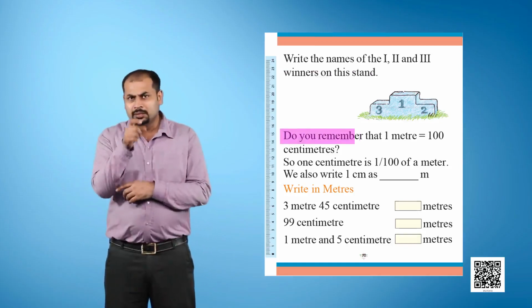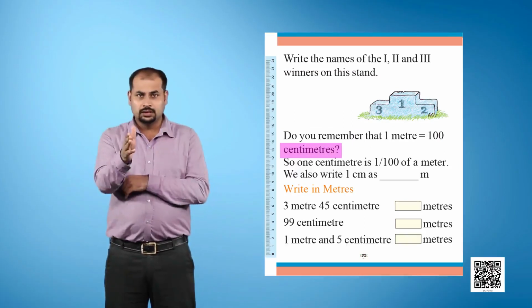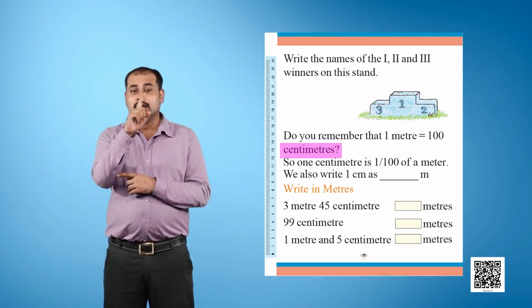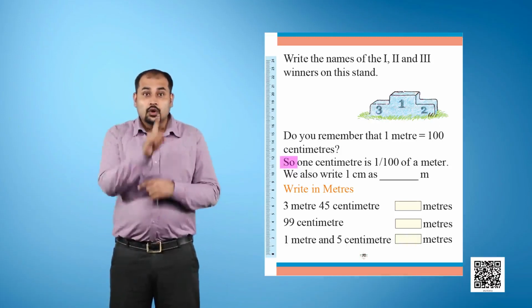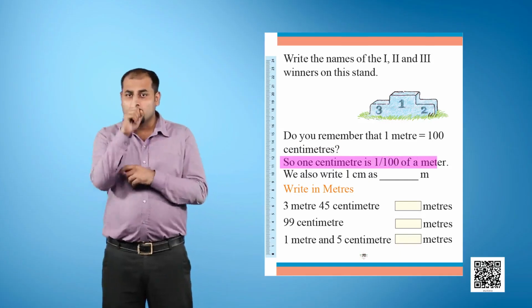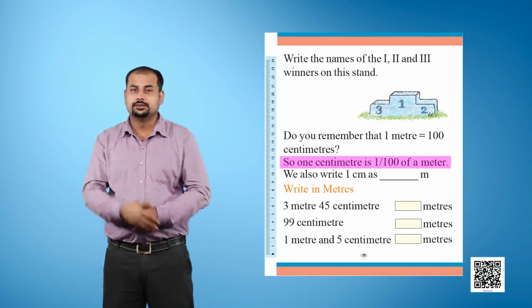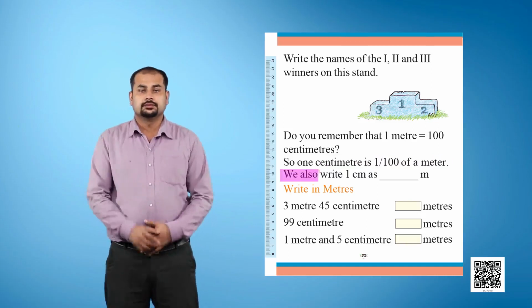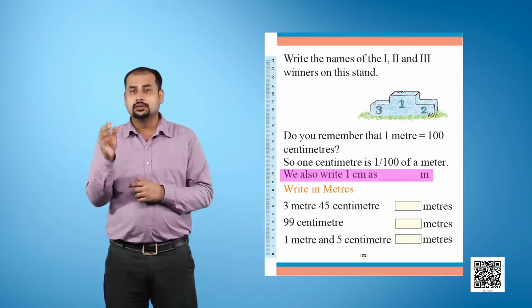Do you remember that 1 meter is equal to 100 centimeters? So, 1 centimeter is 1/100th of a meter. We also write 1 centimeter as dash meters.